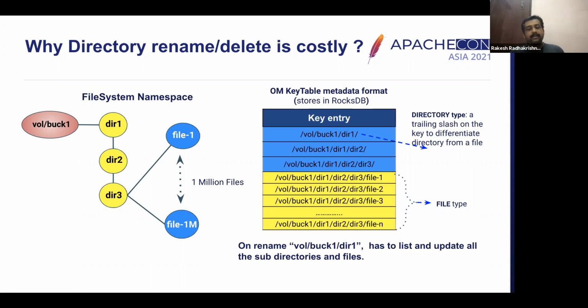When someone tries to rename a particular temporary directory, for example directory one, the entries in RocksDB look like this, right? The prefix paths like volume slash bucket slash directory one get duplicated to all the million files. It has to list all these files and then update all the subdirectories and files in the system. So it will be a painful operation.